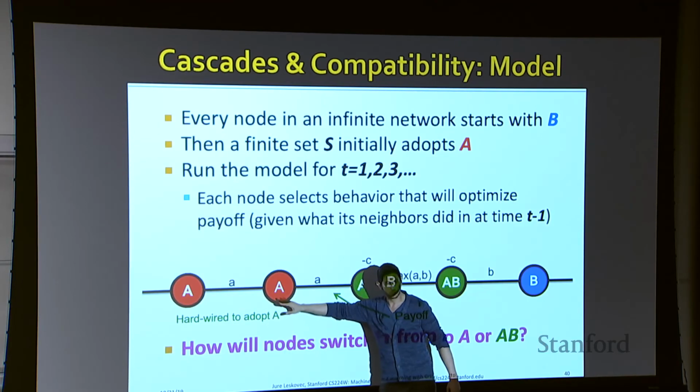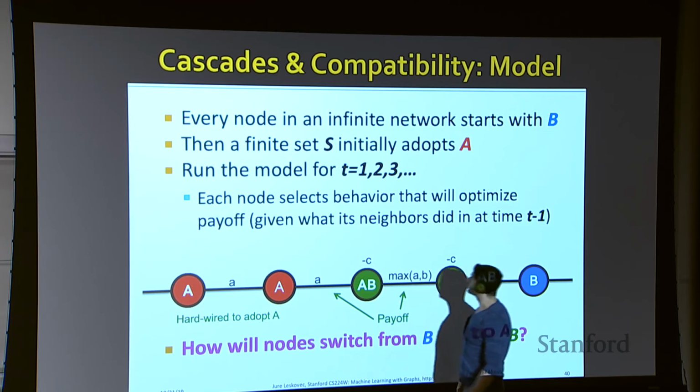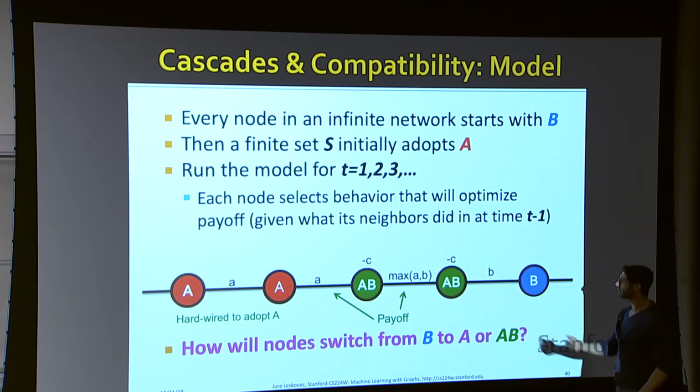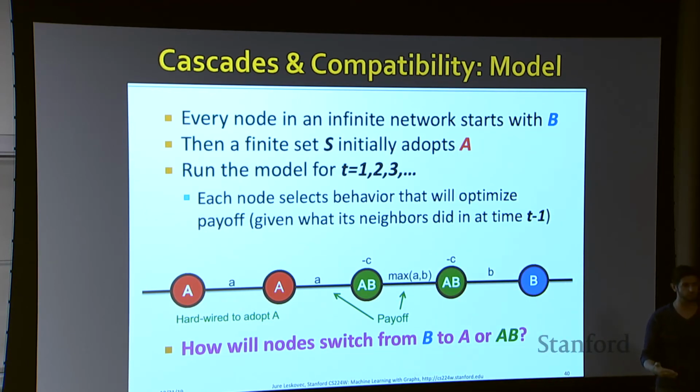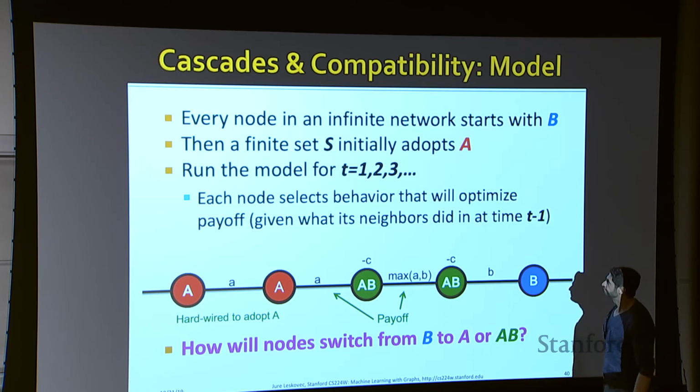They're hardwired to adopt A, and they're never going to change their mind. And we're going to run our model over time. As we did before, we have different time steps, and we record who changes their behavior given the new payoffs. Here, once again, each node selects the behavior that optimizes its own payoff.